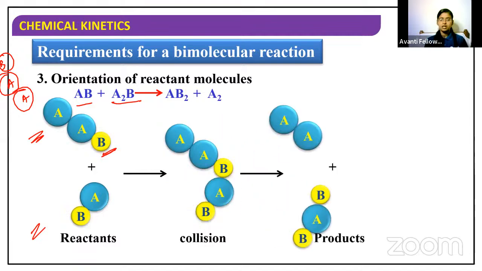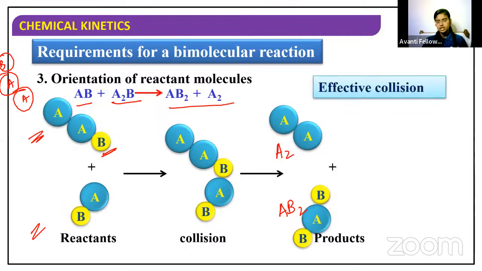Now you see what is formed: A2 and AB2. So the desired products are formed. This means these two molecules have undergone effective collision because of the proper orientation. Clear? So the orientation is also very important.